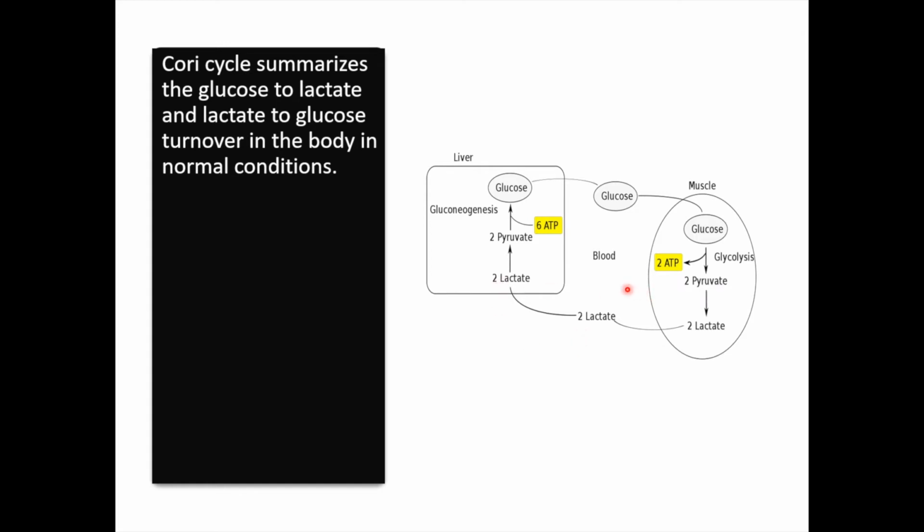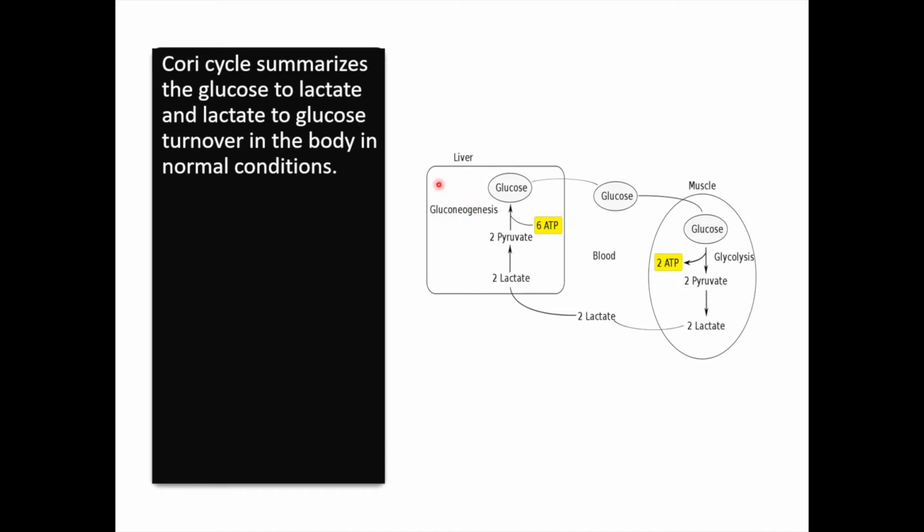In normal conditions, the small amount of lactate formed by the skeletal muscles is converted back to glucose in the liver by the process of gluconeogenesis. In this way, it consumes 6 ATP.